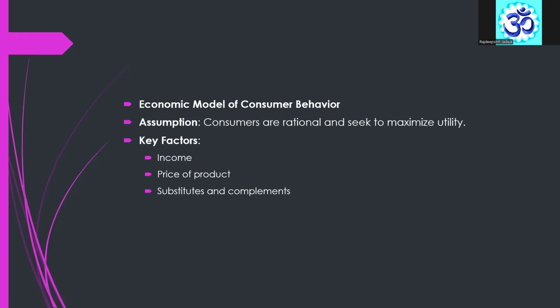If we want to purchase something, we do a cost benefit analysis to see if it is worth it. Let's say there is a smartphone and the price is 50,000 rupees. I will do the cost benefit analysis: what are the features of the smartphone, what is the quality of the camera, the sound, the display, the cover, and the model itself.